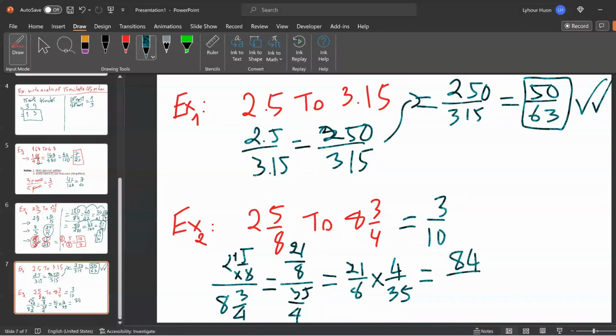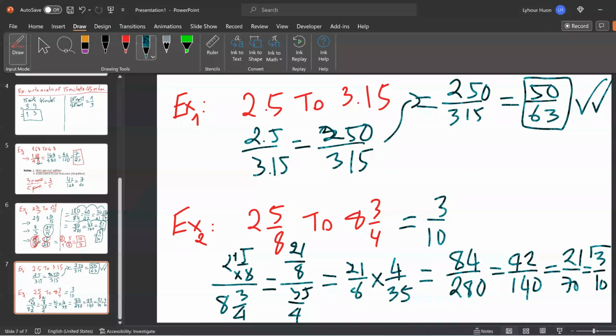And then we divide by 2, which is 42 over 140. We divide by 2, which equals 21 over 70. And last simplification, 3 over 10. That is the final answer, and that is correct.